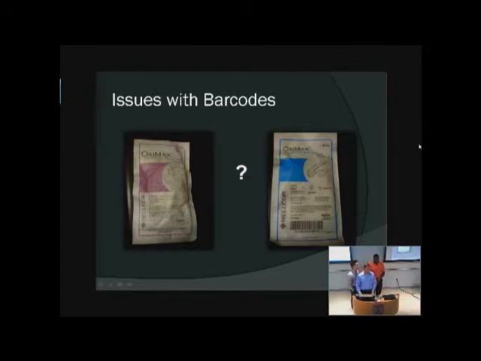So, but there's an issue with the barcodes. These two pictures I took a week ago at Haller-Dimmer Hospital, in an emergency room. I just pulled the first box and I took these two items from that box. One of them has a barcode, another one doesn't have a barcode, even though they were produced by the same manufacturer.